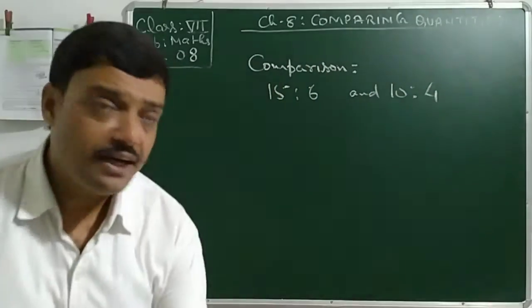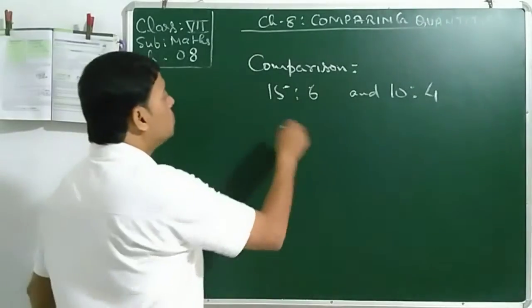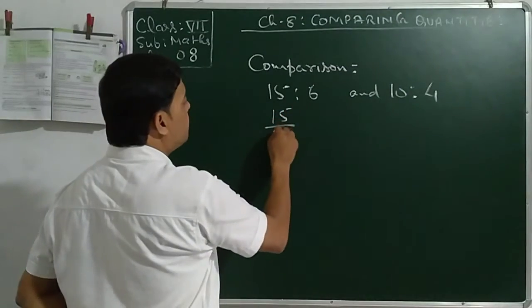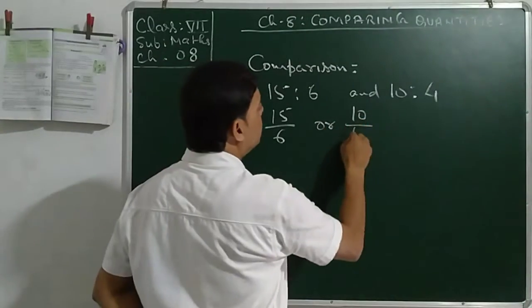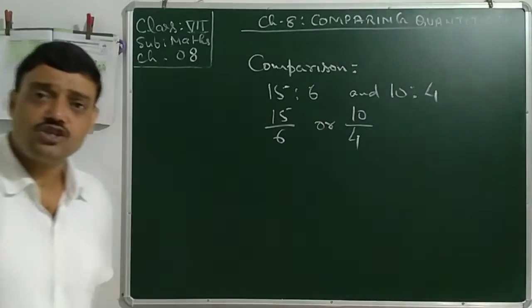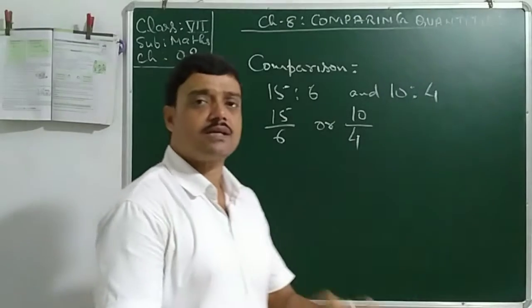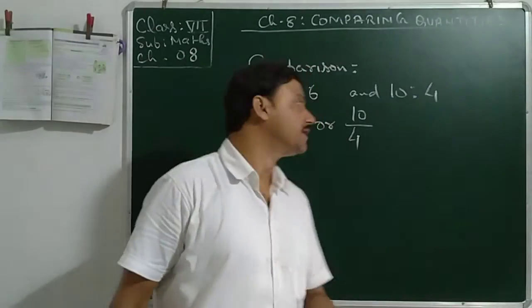How to compare them? You can write like this, 15 by 6 or 10 by 4, like fractions, as you used to compare two fractions. Similarly you can compare them.